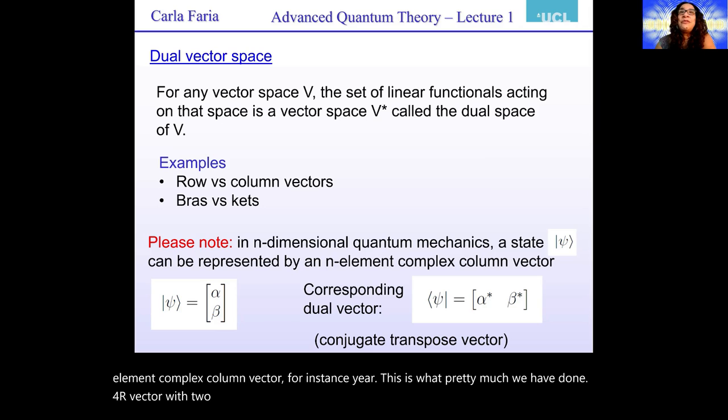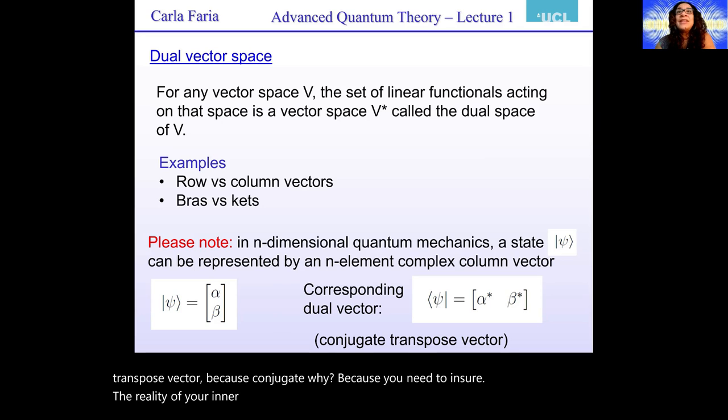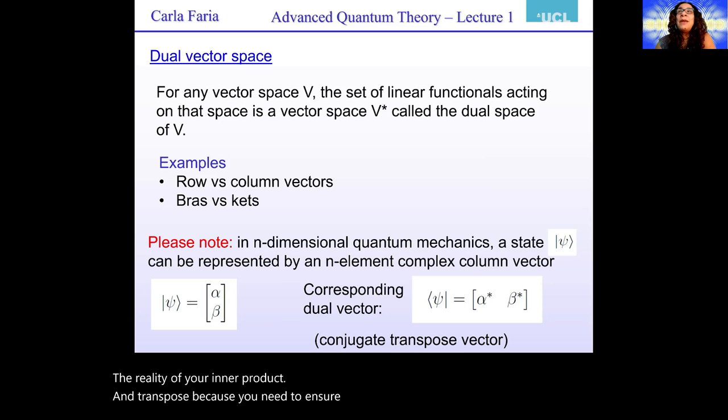And the corresponding dual vector would be the conjugate transpose vector. Conjugate, because you need to ensure the reality of your inner product. And transpose, because you need to ensure that when you apply the bra to the cat, you're going to get a scalar, right?